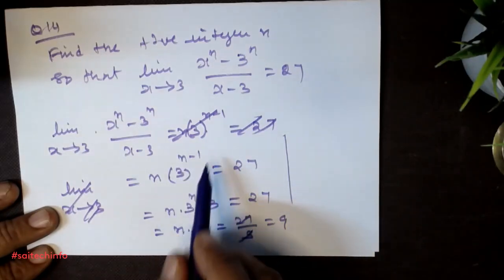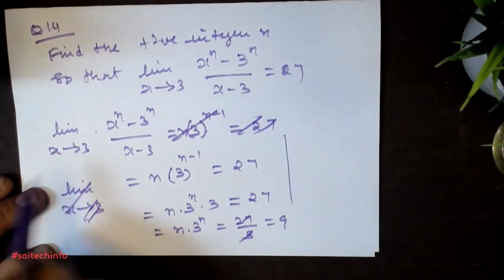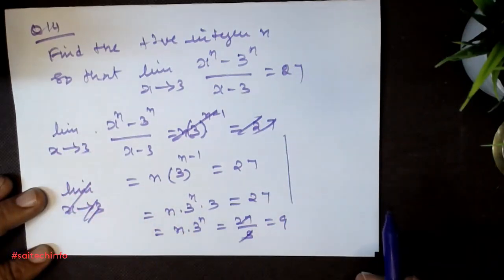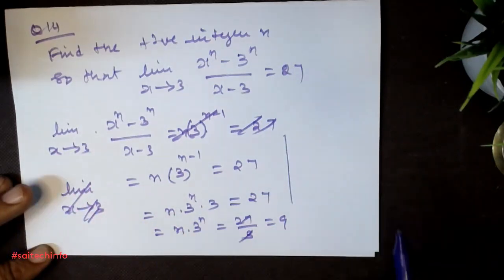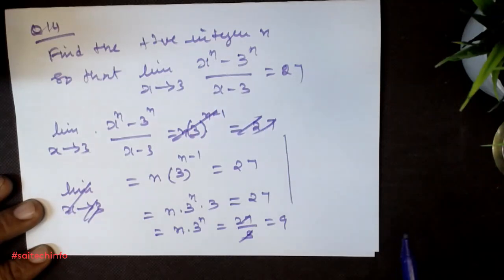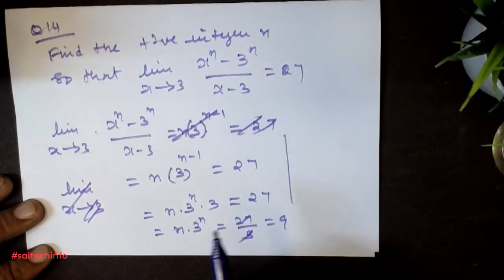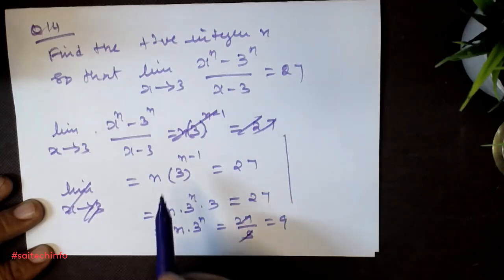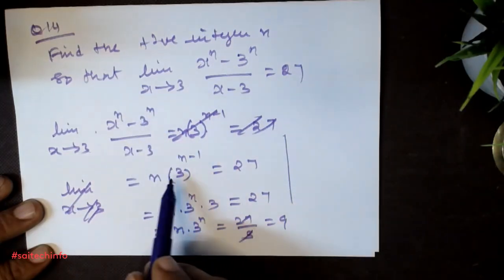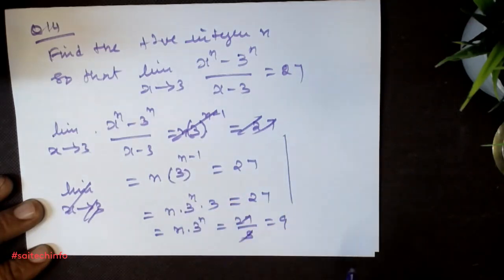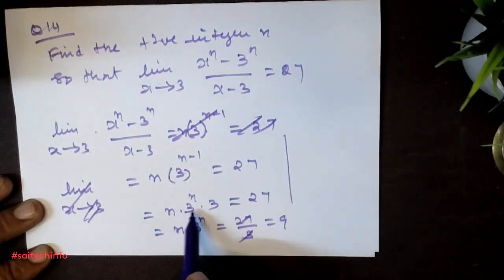So in that case, 3 n minus 1. So x tends to 3 means division and minus 1, multiplication. 3 into n minus 1 is right. 3 into n minus 3 power n minus 1, 3n divided by 3.